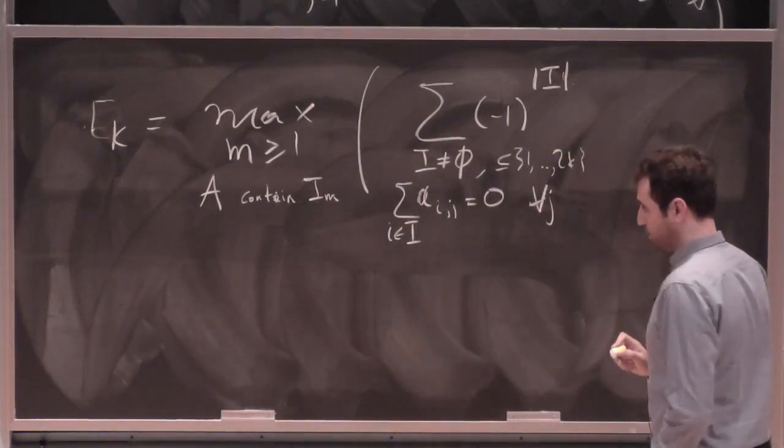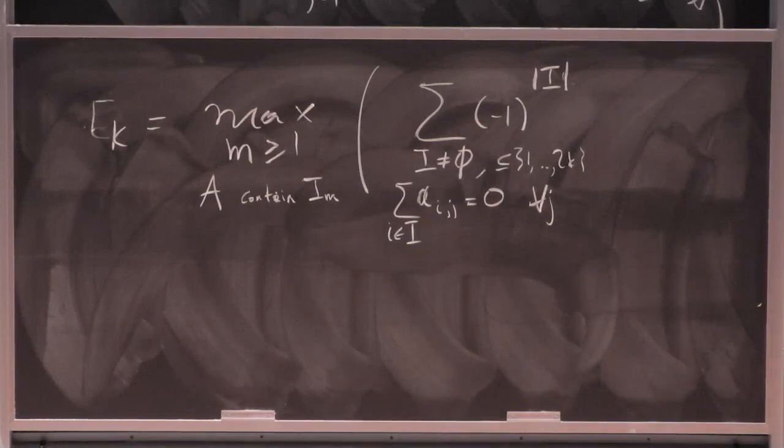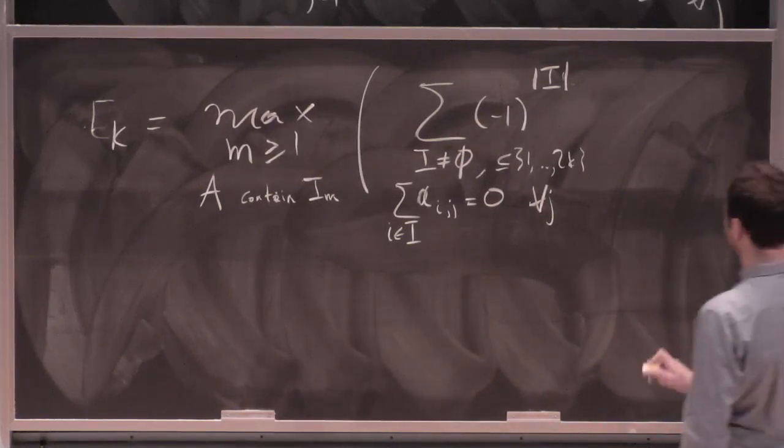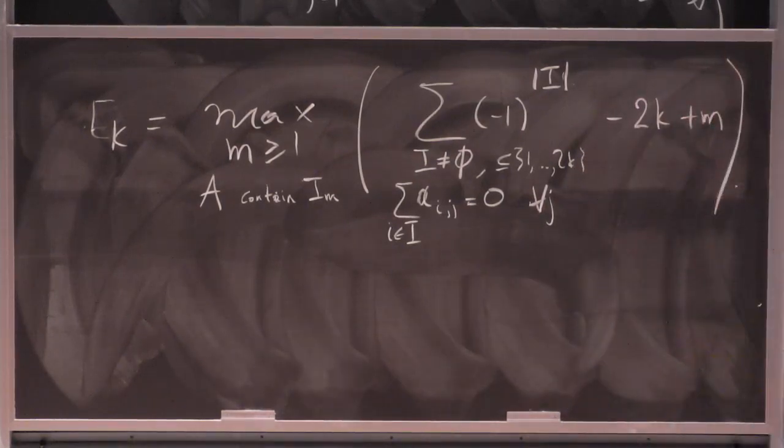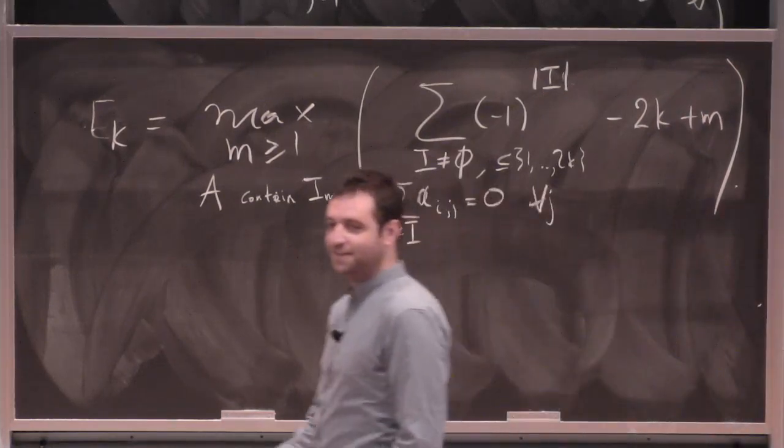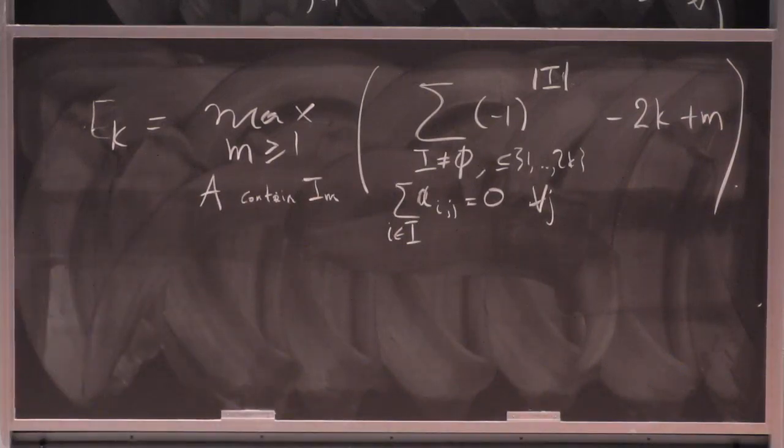But I'm not done because I have shifted 2k minus m integrals to arrive here, and this cuts the order of the pole by this much. Okay, so what is the maximum of that is now the question. And this should be E_k.